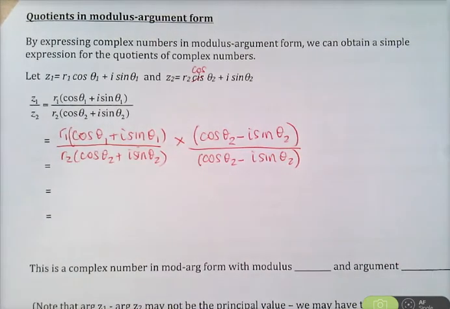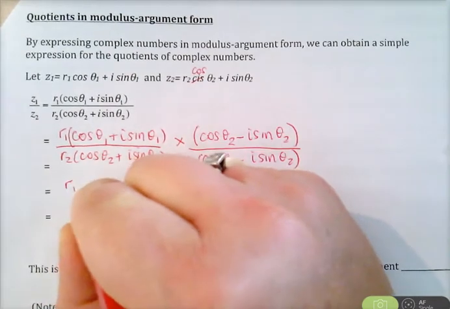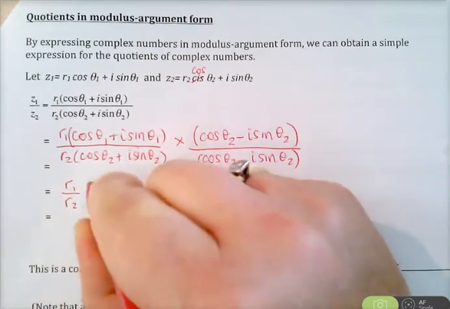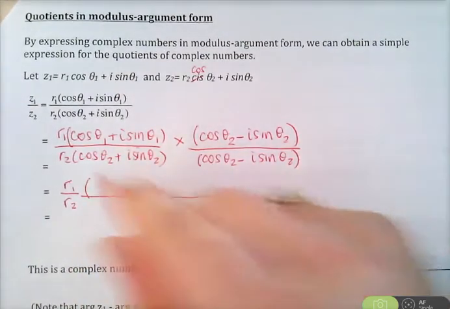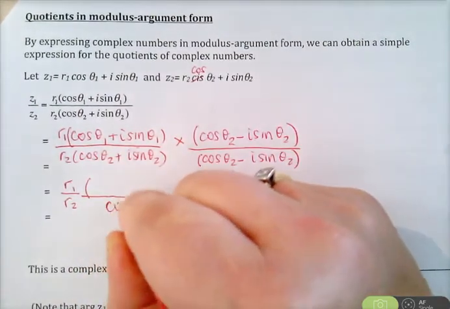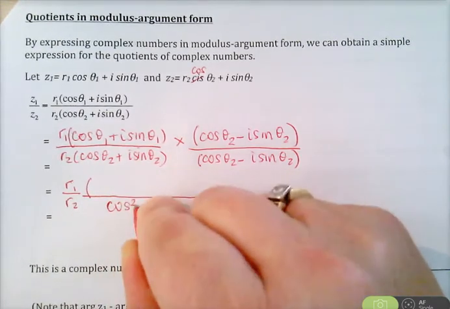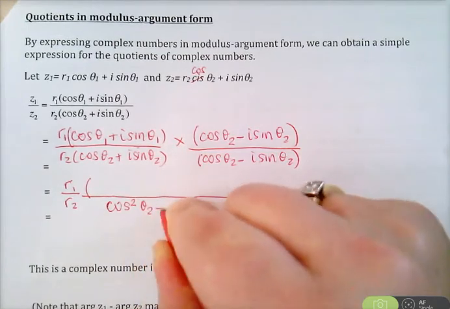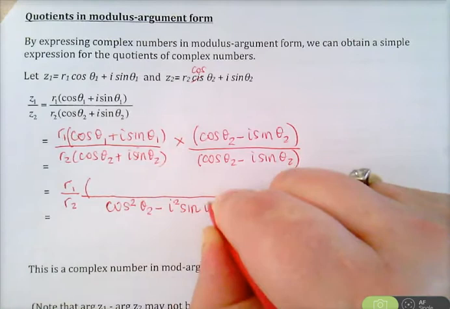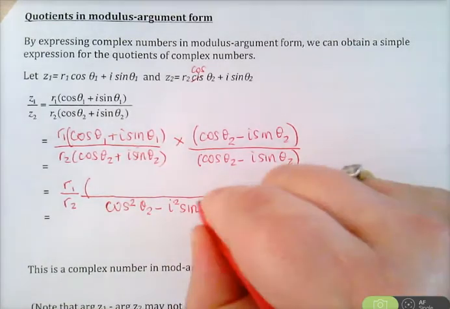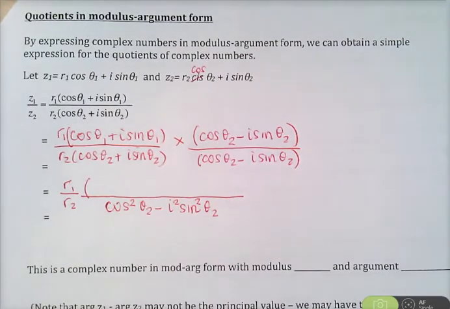Now we can expand that and we will get r1 over r2. And looking at the denominator, we've got a difference of two squares. So we'll get cos squared theta 2 minus i squared sine squared theta 2.